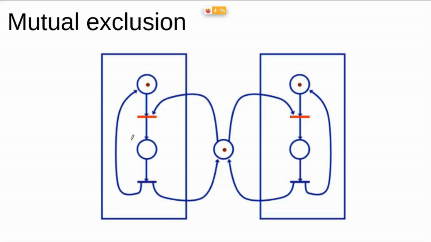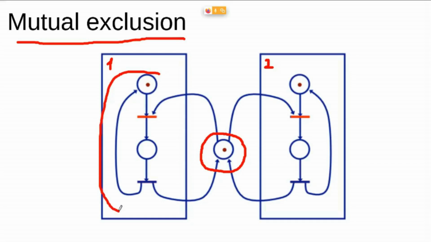This conflict will lead us to a mutual exclusion of processes. As you can see here, we have process number 1 and process number 2. Because both processes, these are production processes, share the same resource.